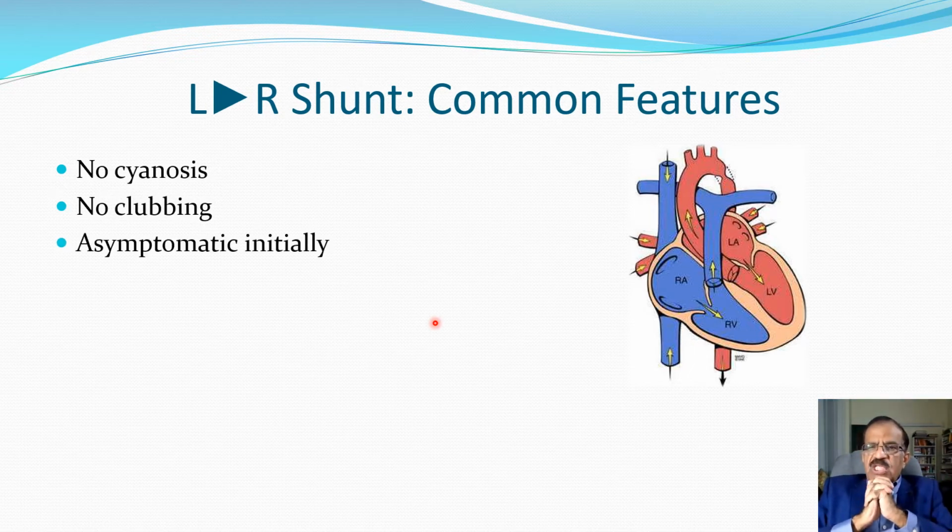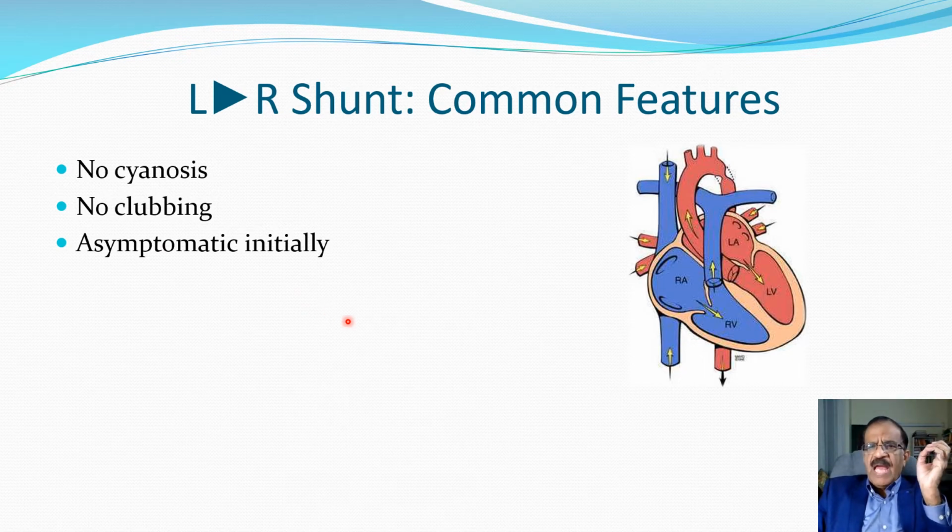Then, since these patients are acyanotic, they do not have cyanosis, and cyanosis is something which mothers can recognize. Children with right to left shunt tend to be more symptomatic, present early, and the diagnosis is usually made early. But children with left to right shunt, since they do not have this cardinal symptom of cyanosis, may get unnoticed.